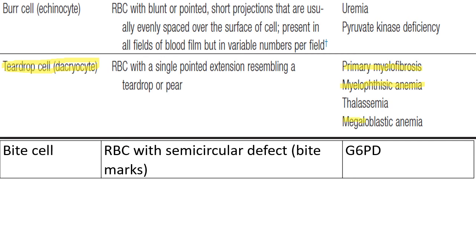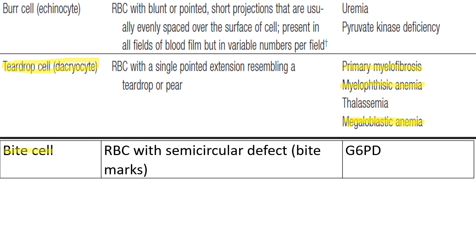And then megaloblastic anemia is a defect in RBC maturation. Siyempre, saan nagmamature yung RBC? Sa bone marrow as well. So, aside from the ho-ho mnemonics natin for megaloblastic anemia, dagdag natin dyan si teardrop cell. The next, bite cell naman tayo. Bite cell is actually an abnormality caused by the macrophages of your spleen.